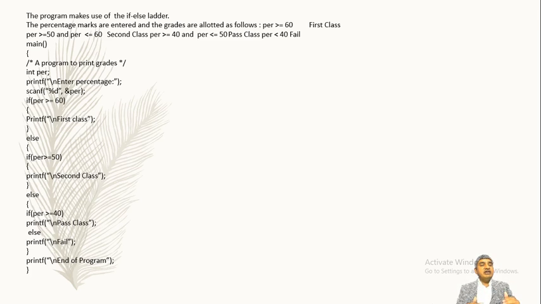But if this condition is false, else if, check the next condition. If percentage is greater than or equal to 40, if it is true, then display on the screen printf new line pass class. But if this condition is false, else printf new line fail, the result is displayed on the screen.